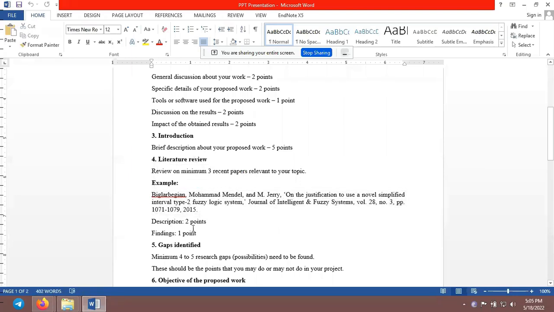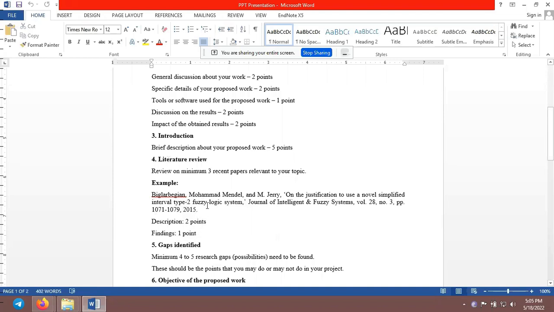And there should be two points about the description. You can make it as a tabular column, like paper name and a description about the paper, and what the findings are: what work they have done, what work they have not attempted. So these points come under this literature review.